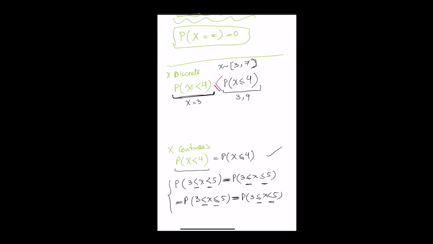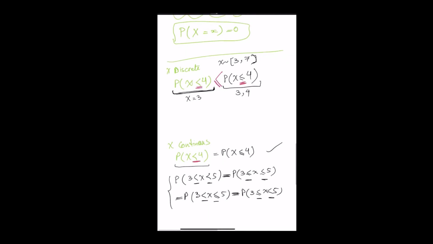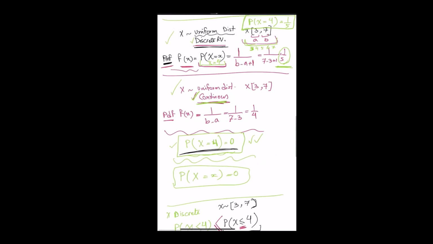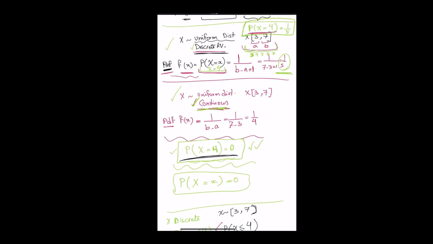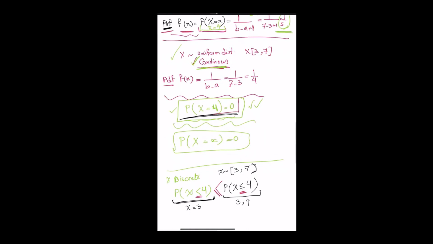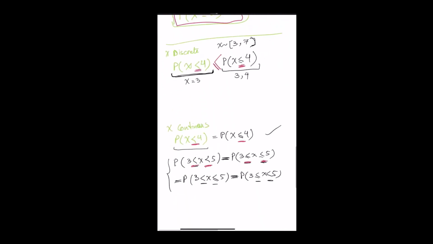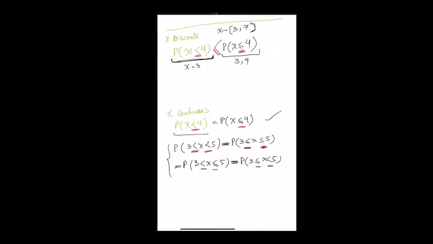The equality sign in these probabilities makes a huge difference for discrete random variables, but for continuous random variables, it does not. For discrete random variables, the probability of x equal to something has a valid value. For a continuous random variable, the probability of x equal to something is always, always 0. Good?